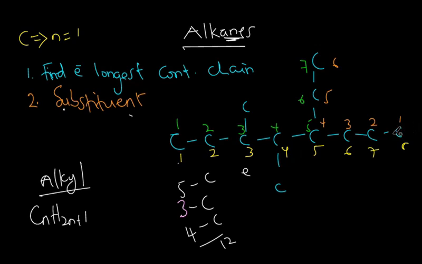So assuming we go in the reverse direction, we will have this as our carbon 1, carbon 2, carbon 3, carbon 4. So the substituent we have over here will be on carbon 4, so we have 4. This will be on carbon 5. This will be on what? Carbon 6. Okay, so if we add this, we are getting what? 15.